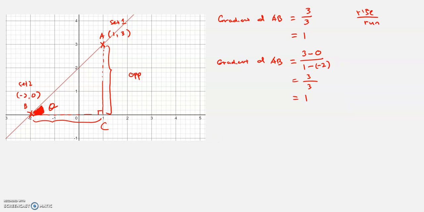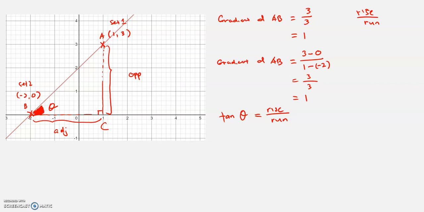With respect to the angle theta, the rise is the same as what we call in trigonometry the opposite side. BC is the adjacent side of the triangle with respect to angle theta. If I link this opposite and adjacent together in a right angle triangle using trigonometry, tangent theta is opposite over adjacent, of which the opposite side is the rise, and the adjacent side is the run.